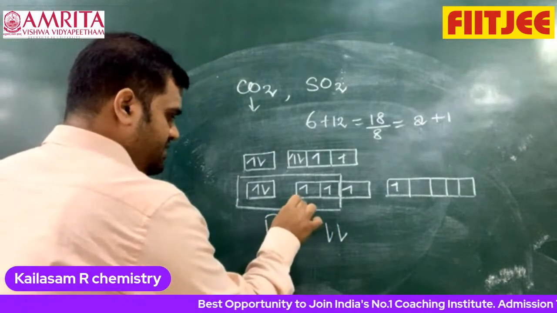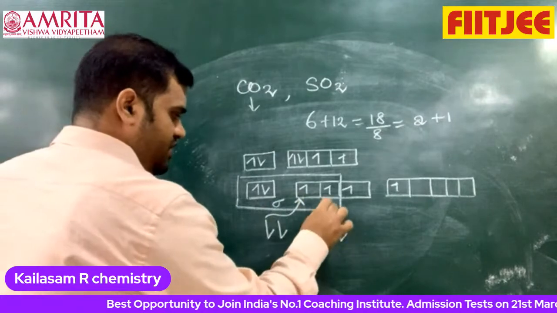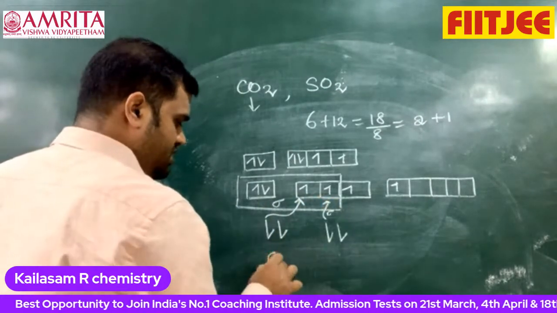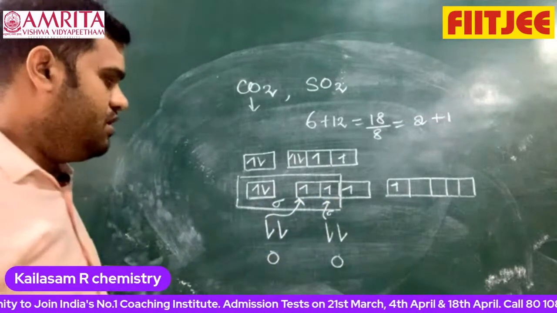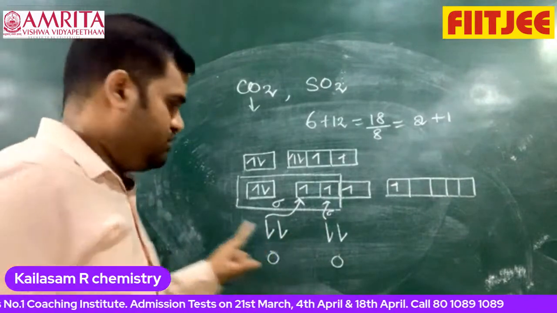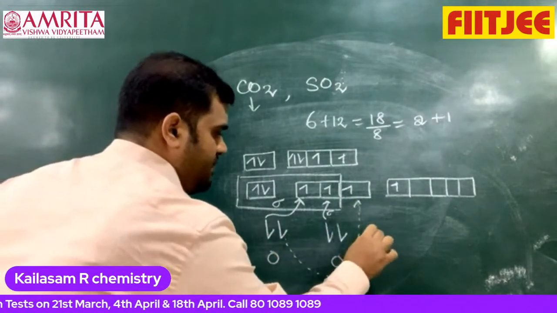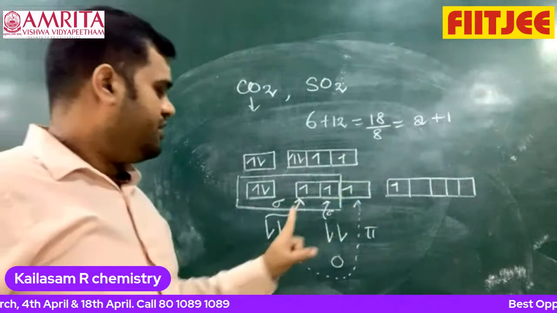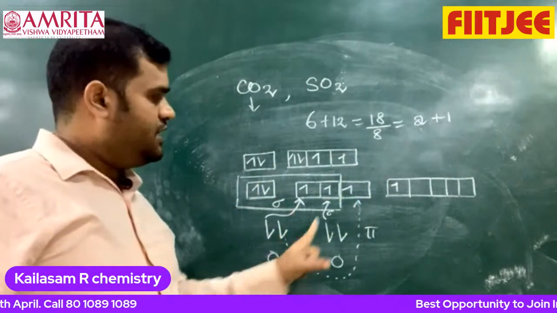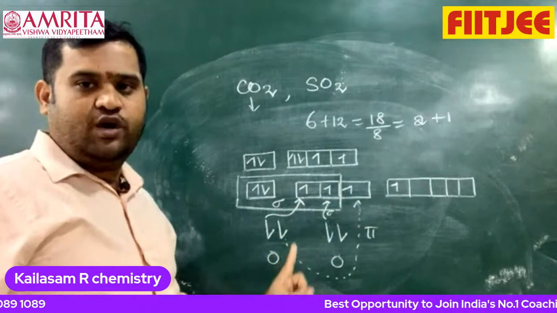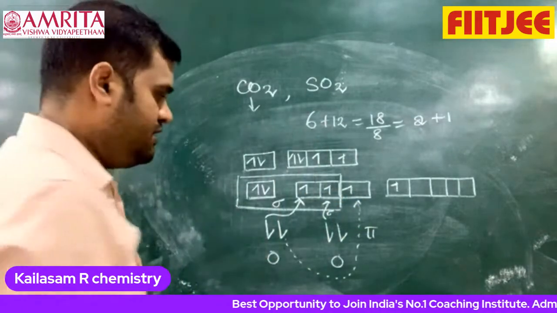Now look at this. This is going to form a sigma bond. This is also a sigma bond. 2 oxygens are there. Now one oxygen is going to form a pi bond with sulfur. The p orbital of oxygen and p orbital of sulfur are going to form a p pi-p pi bond. And look at this.